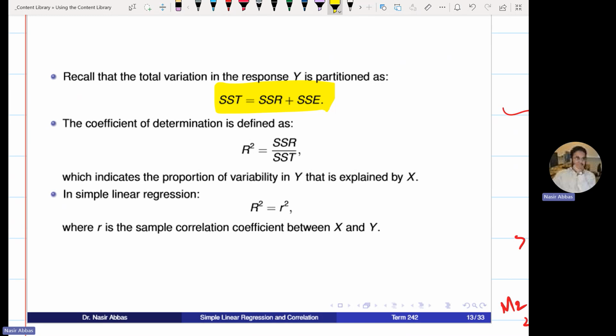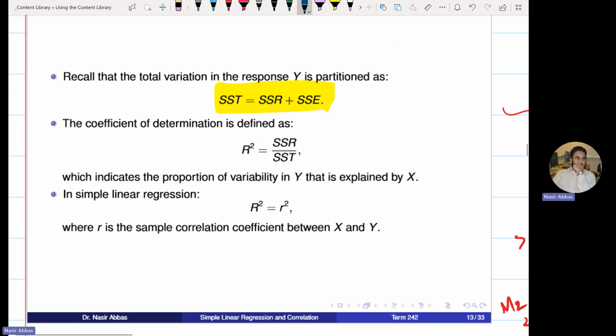Now, here is a catch. The total variation in y, suppose it is SST, okay? Now, some variation in y will be explained by your regression, some will not be explained by your regression. So suppose if nothing is explained by your regression and you have a very, very bad regression, what will happen in that case?